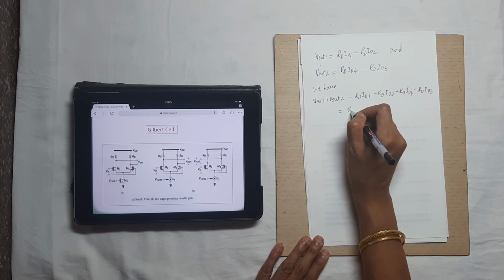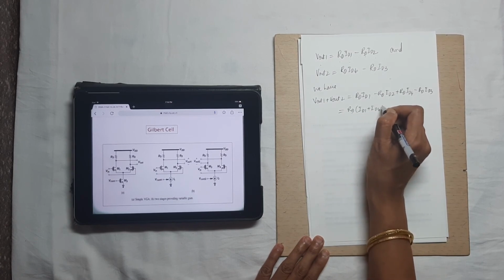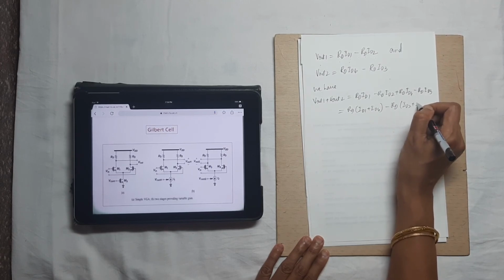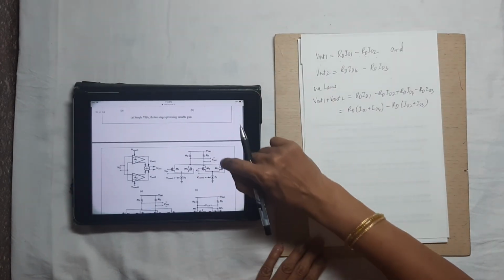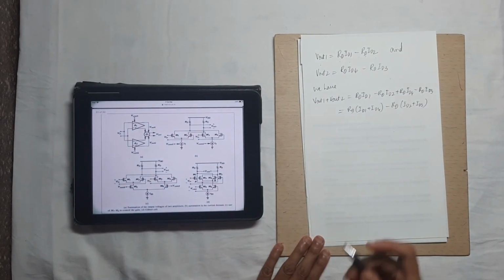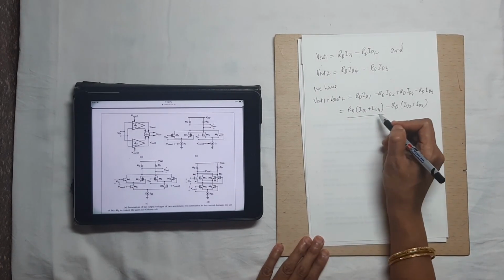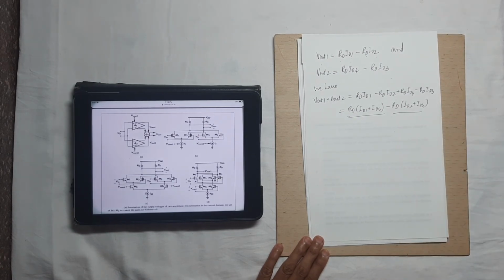This is RD (ID1 plus ID4) minus RD (ID2 plus ID3). Now come to the circuit. The first part gives RD into (ID1 plus ID4), and the second part gives RD into (ID2 plus ID3).